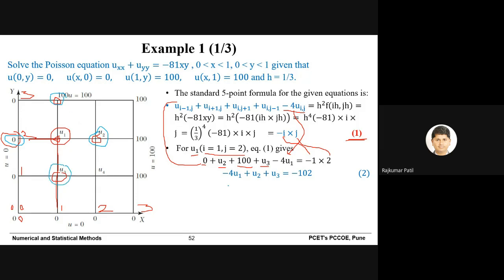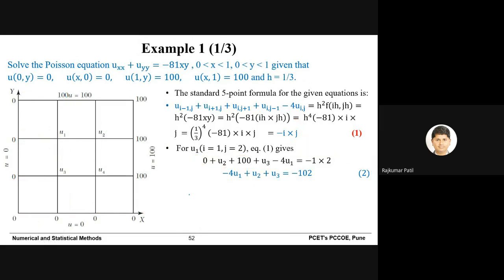We prepared this equation, and upon simplification you will see minus 4u1 plus u2 plus u3 equal to minus 102. Let's call this equation number 2. So we utilized equation 1, again the closest neighbors of u1, to prepare equation number 2.